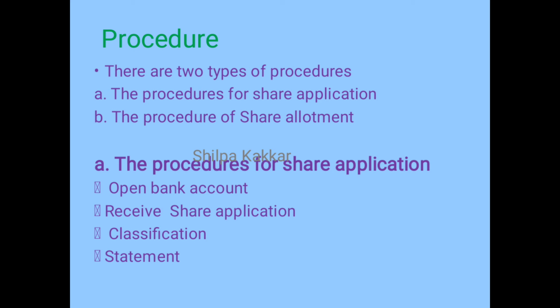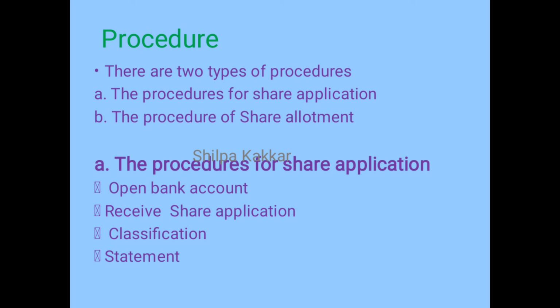This account is opened by presenting a copy of the resolution passed in the meeting of the board of directors, and then other documents are given with it. They have to deposit all the money, including share capital and premium, in this account only.